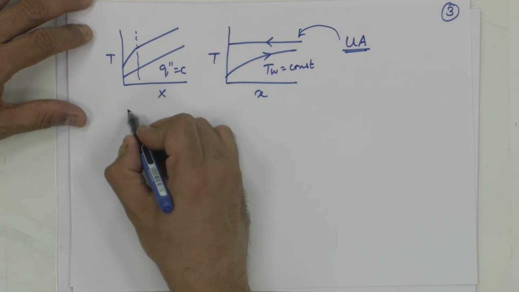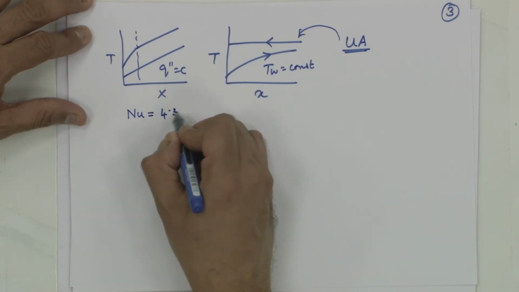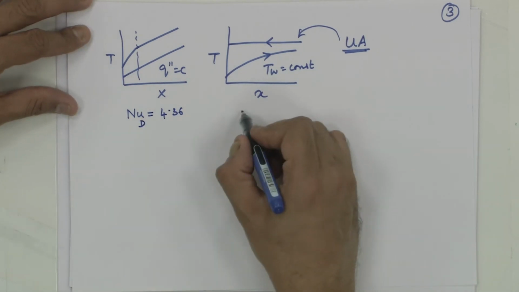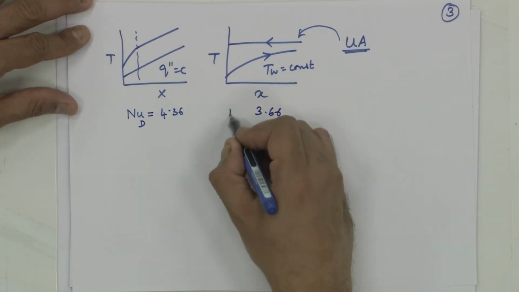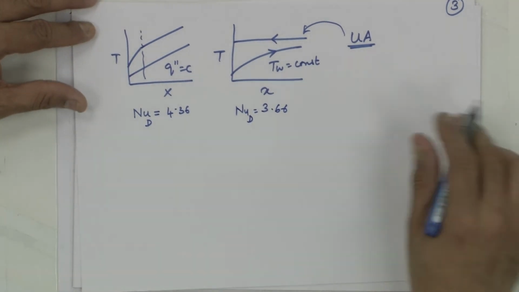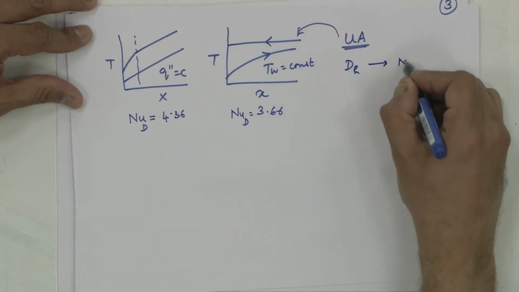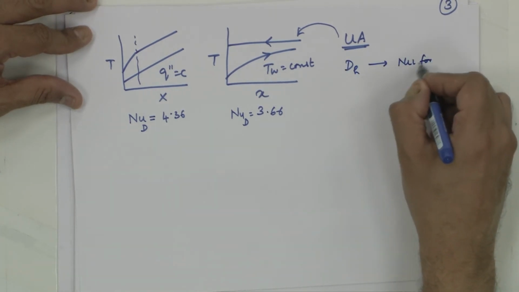Went on to show UA, which is overall heat transfer coefficient, which is associated for this case. Solve the energy equation for laminar flow, derived Nusselt number equal to 4.36. Showed that Nusselt number here is going to be 3.66. Established the concept of hydraulic diameter and presented results for Nusselt number for other geometries.